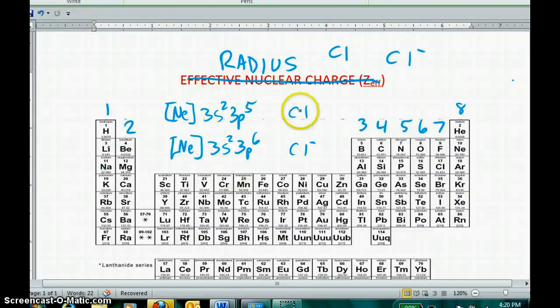And that's because in both cases they have 17 protons, and in both cases they have 10 shielding electrons blocking the valence electrons from being pulled toward the nucleus. So in both cases, 17 minus 10 is +7. So I still see no difference based on effective charge.